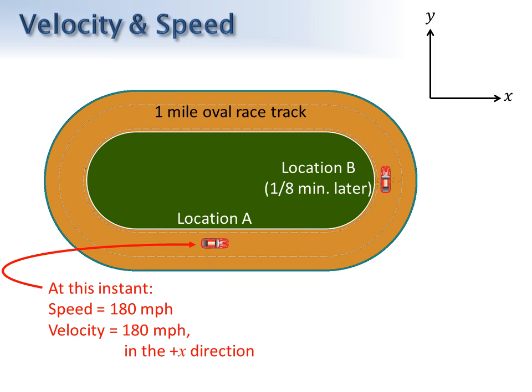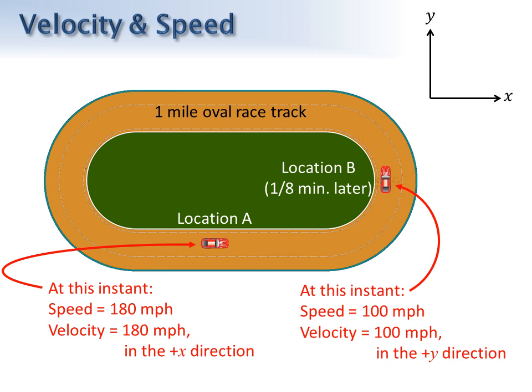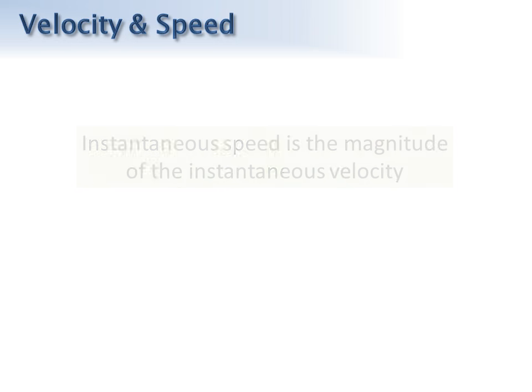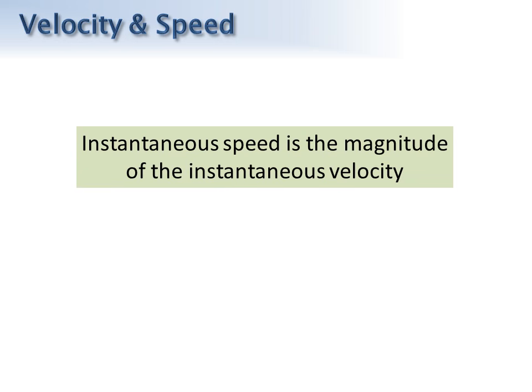And then an eighth of a minute later, the car is in position B. And let's say the car at position B has a speed of 100 miles per hour, or a velocity of 100 miles per hour in the positive y direction. So it's probably obvious to you then that the instantaneous speed is the magnitude of the instantaneous velocity.